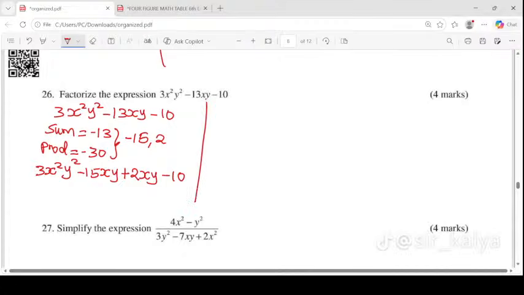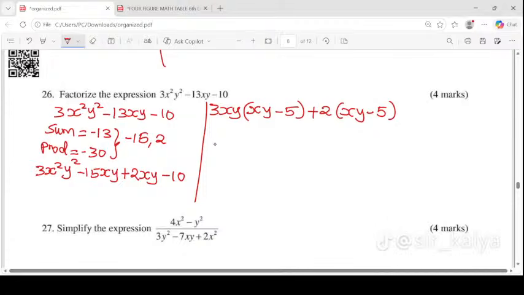So when you put them into pairs and factor out the common term, in the first pair I'll have 3xy factored out, 3xy into xy minus 5, then plus 2 into xy minus 5. That way.